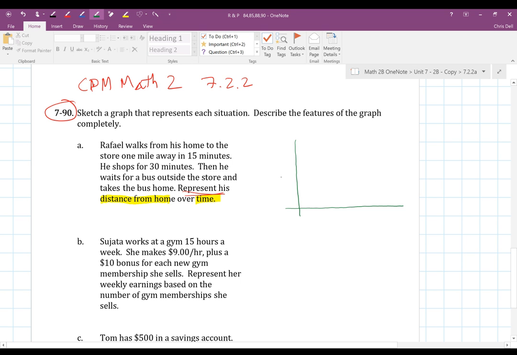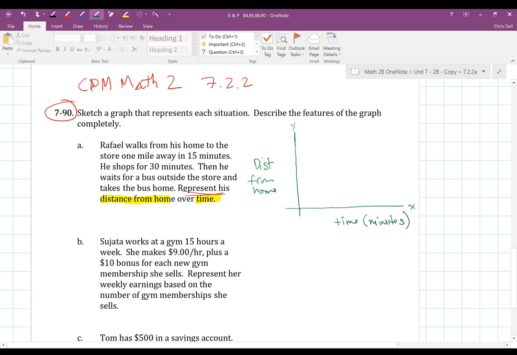So I'm going to call my x-axis time, and we'll do time in minutes, because that's what we're given. My y-axis is distance from home.